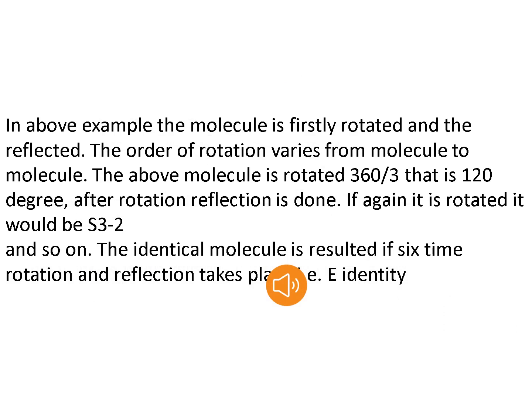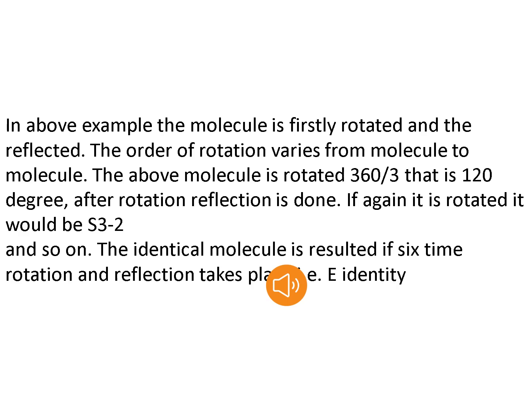In the above example, the molecule is first rotated and then reflected. We have already discussed that improper rotation is actually rotation and then reflection. And we can say that the order of the operation varies from molecule to molecule. In the first example, the triangular molecule, we rotated the molecule by 120 degrees and after rotation we applied the reflection.